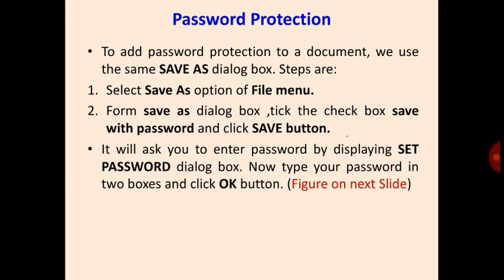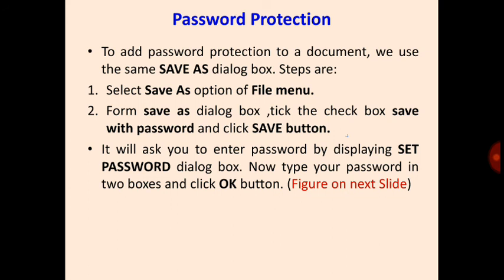From the save as dialog box, tick the checkbox save with password. We have to click it and then click on the save button. It will ask you to enter a password by displaying the set password dialog box, where you can type your password in two boxes and click the OK button.